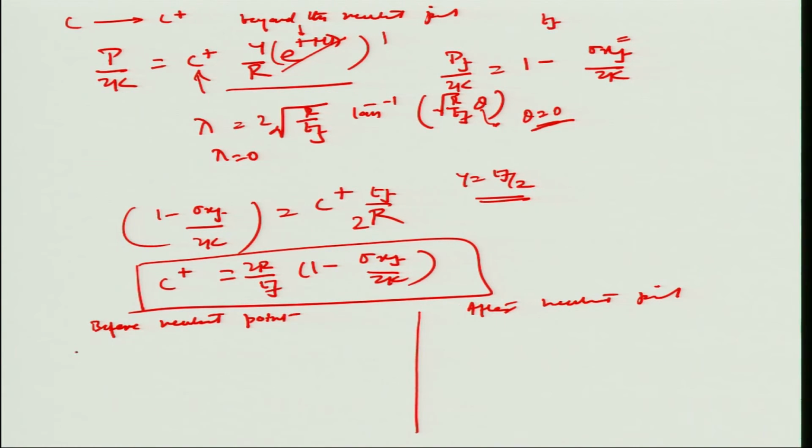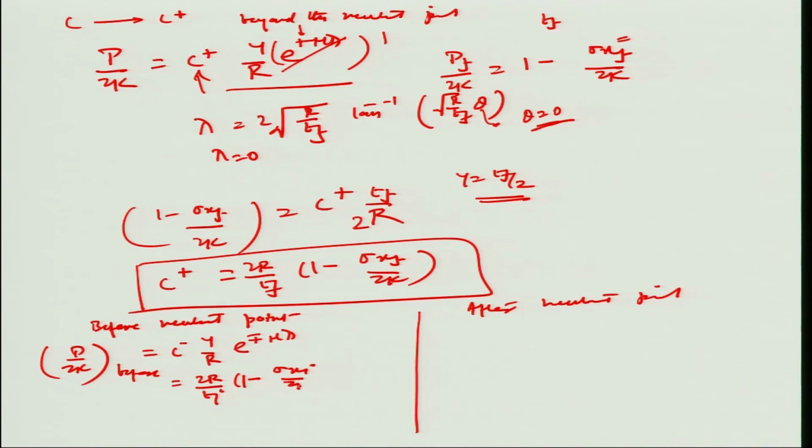I have the p by 2k value, which, if you may remember, was C minus y by r e to the power of minus plus mu lambda, and that corresponds to, if I substitute the value of C minus from the expression derived earlier, where C minus is equal to twice r by ti times 1 minus sigma xi by 2k times e to the power of plus mu lambda I.